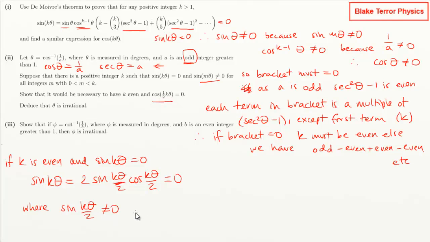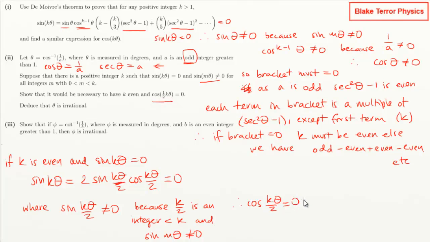And why is that? k is even, so that is our M case, because k over 2 is an integer and it's less than k, and we've got that sine of m theta is not equal to 0. Okay, so therefore we've got that cos k theta over 2 is equal to 0.